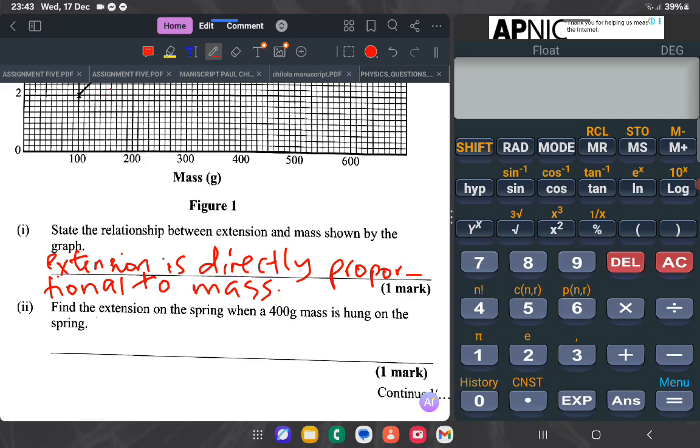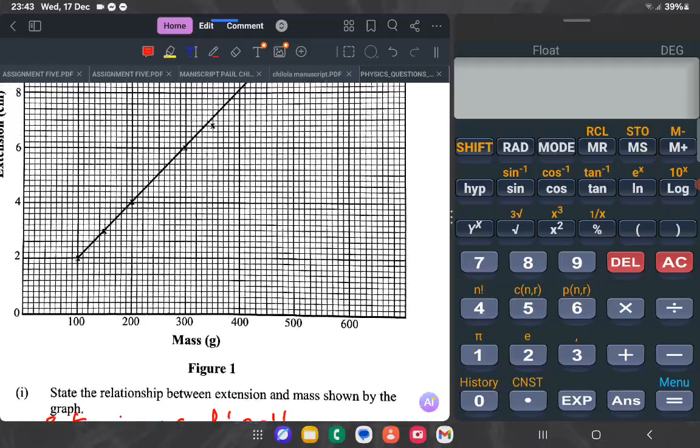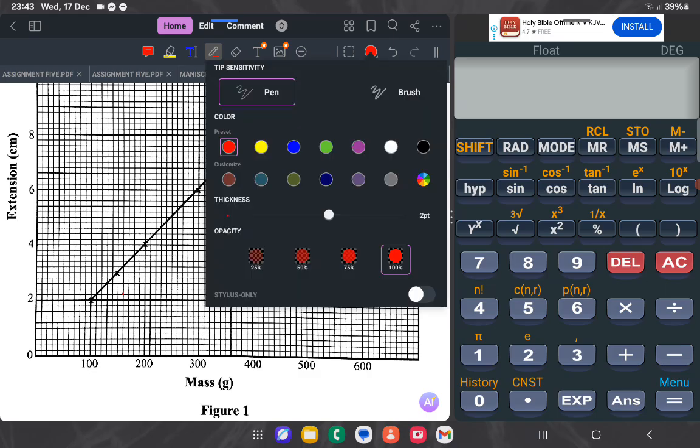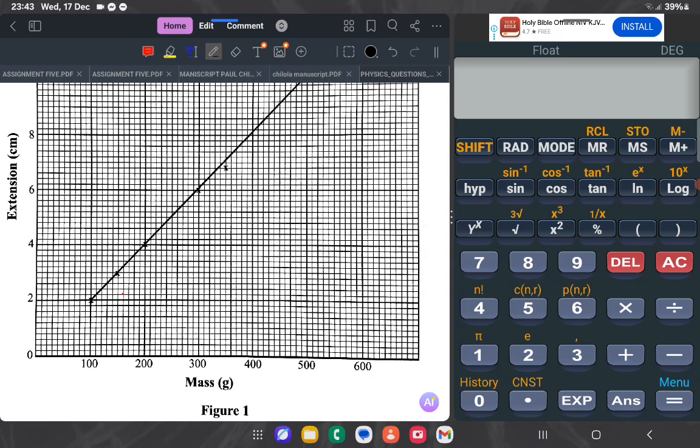So what is the extension when the mass is 400? All we have to do is go back to the graph, go on the x-axis to the point where the mass is 400. So mass is 400 right here.